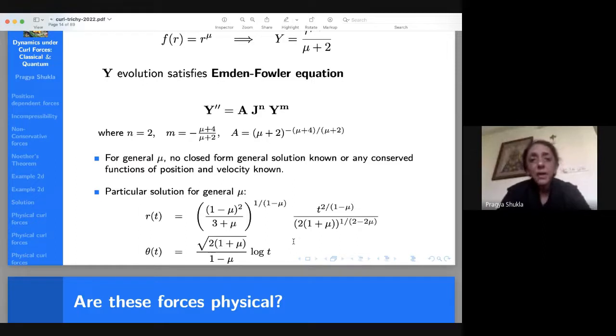So what I'm trying to say is that in the curl force field, this Emden-Fowler equation very interestingly appears, and you have to work it out, and it leads to a lot of very interesting dynamics, because there are so many components of this curl force problem that I will not get into much more detail.